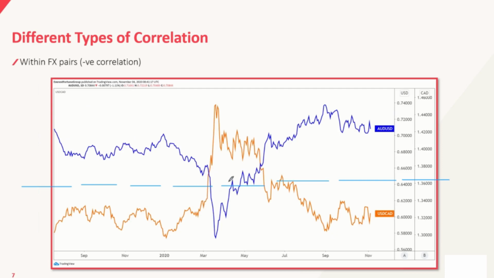In fact, quite beautifully symmetrical. Which then means that their negative correlation is actually to quite a high degree. It should fall around 0.9 or so. So you can see that they are basically mirror image of each other. Another good example of negative correlation would be looking at the dollar index itself and the dollar sing.